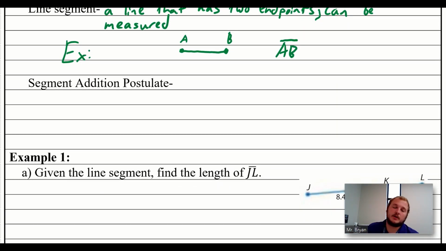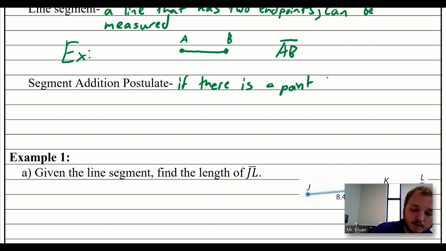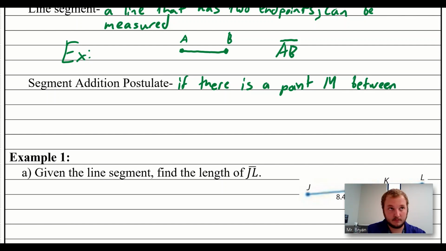Another thing that we're going to use to solve some of the problems for today is what we call the segment addition postulate. The segment addition postulate says this. It uses technical geometry terms. It says if there is a point M between, and M is just any letter, it could be any letter in the alphabet.